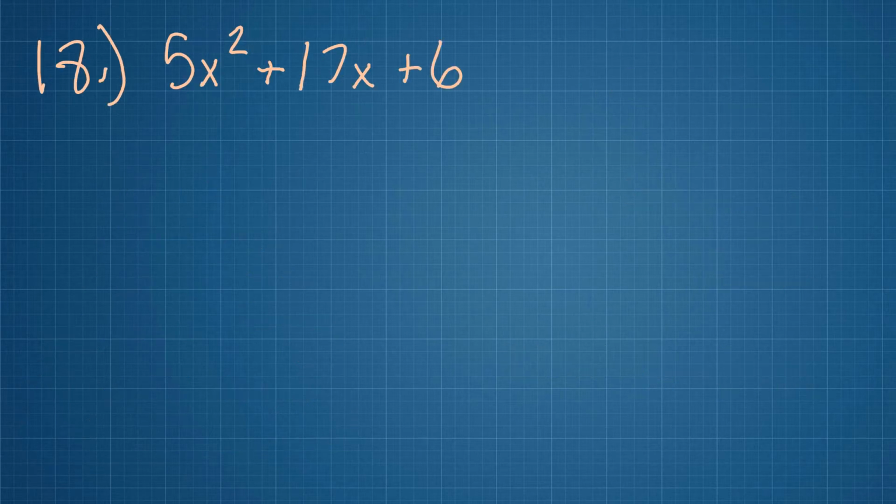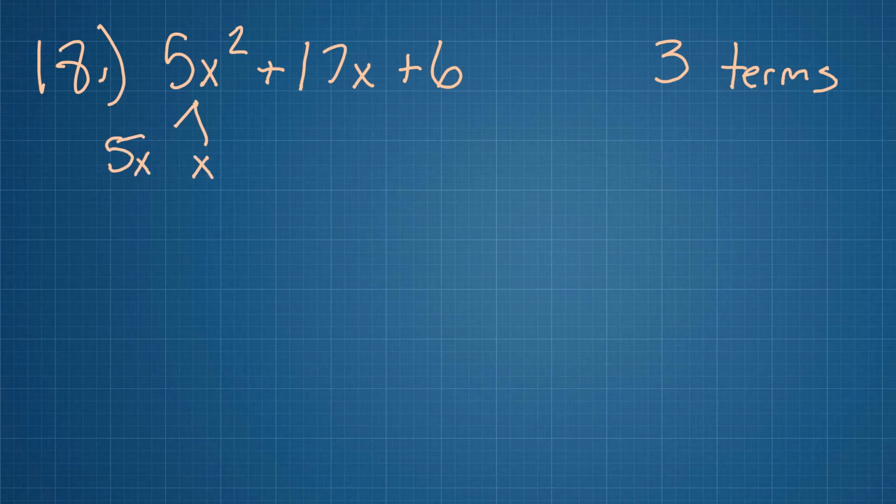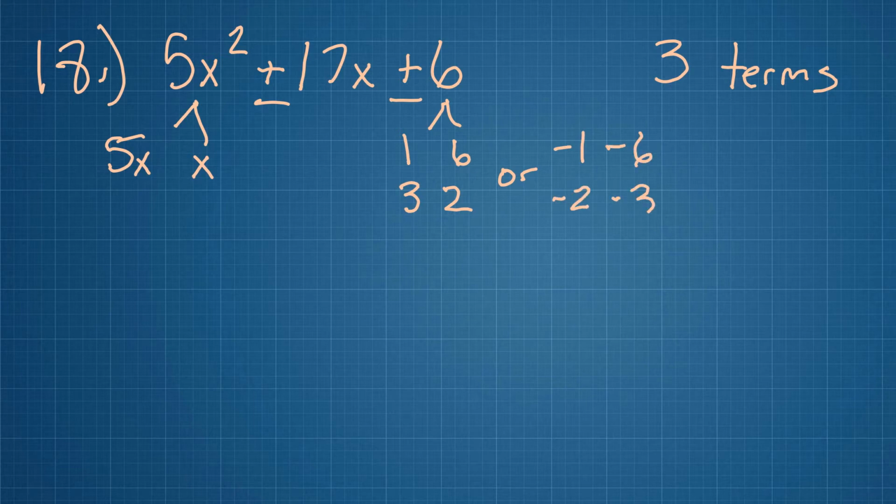All right, 18. I look at 18. I have 3 terms. So then I'm going to break down the factors of the first term, 5x and x. I'm going to break down 6. Could be 1 and 6, or could be 3 and 2. It also could be, although very unlikely because I have a plus and a plus, negative 1 and negative 6, or negative 2 and negative 3.